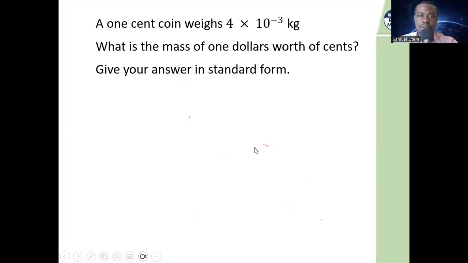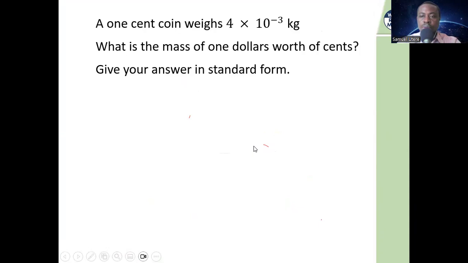Here is another question. Sometimes you get problems given to you in words to solve. A 1 cent coin weighs 4 times 10 to the power negative 3 kilograms. What is the mass of $1 worth of cents? Give your answer in standard form.